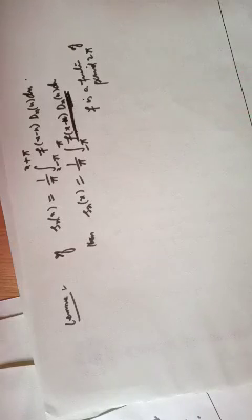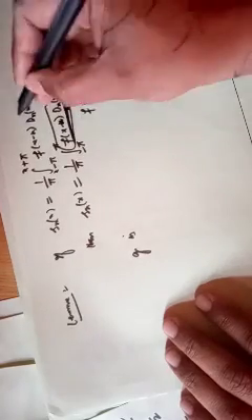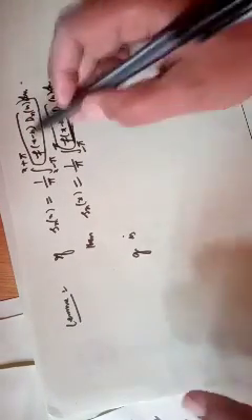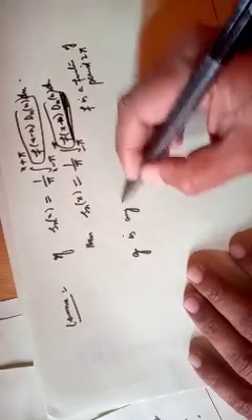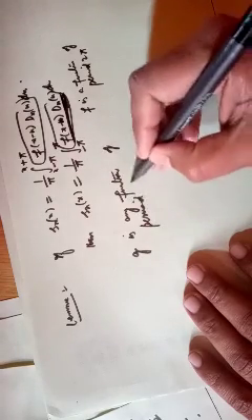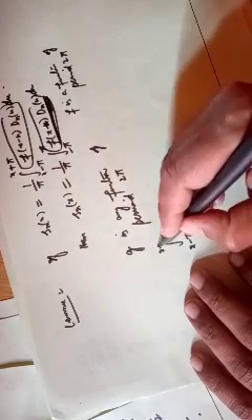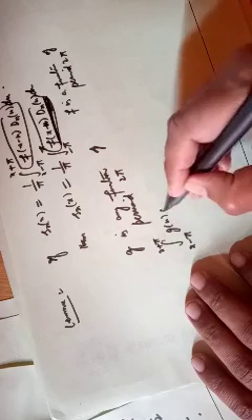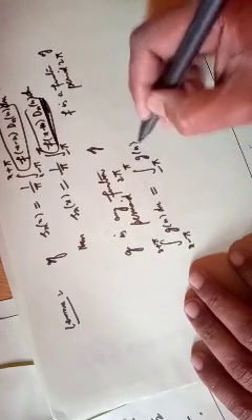Now we show that if g is any function of period 2 pi, then of course I can write the integral from x minus pi to x plus pi of g(u) du equal to the integral from minus pi to pi of g(u) du.